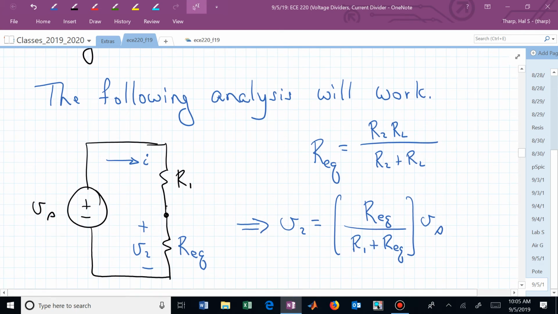Now what's V sub 2? 0 over R1 plus 0. 0 times V sub S, 0. So V sub 2 becomes 0 when you short out R sub 2.